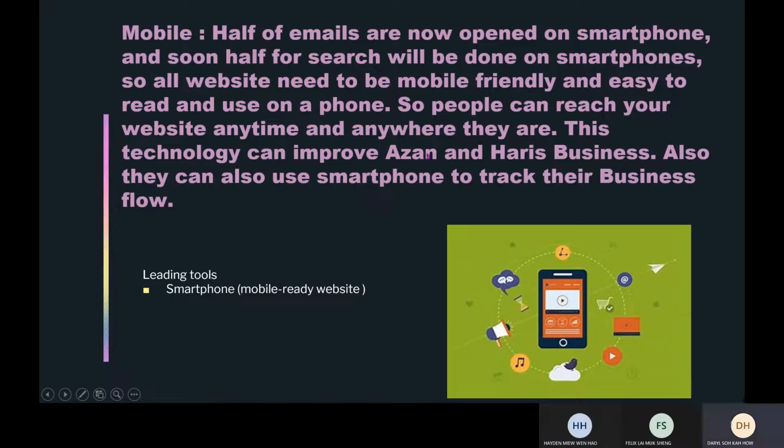This technology can improve Azan and Haris' business. Also, they can use a smartphone to track their business flow. The leading tool is obviously the smartphone, and it must be a mobile-ready website.